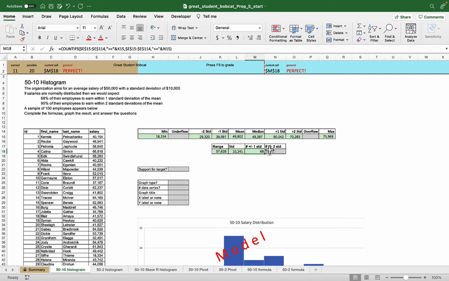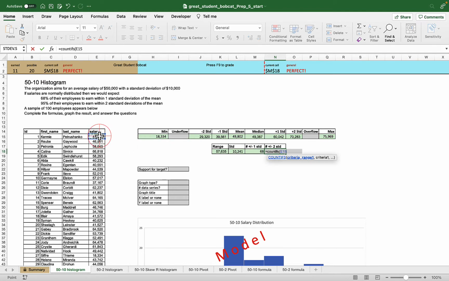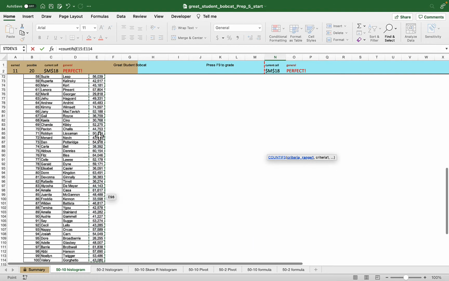Now let's see how many employees are between 2 standard deviations either side of the mean. So it's going to be effectively the same thing. Equals COUNTIFS. Same range of numbers. Lock it.